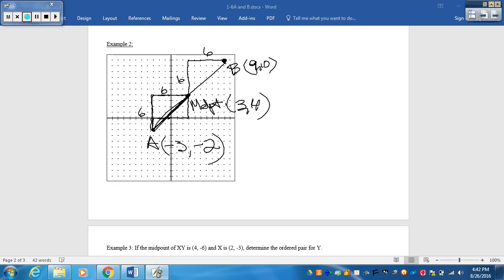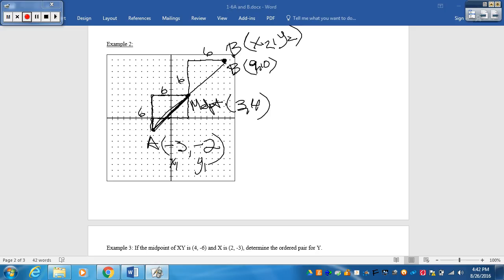Now, how else could I figure this out? I want to give you a formula as well, because the formula is going to be helpful if you can't graph the points. So let's say that this endpoint, B, let's say that it's x sub 2, y sub 2. And let's say that A is at x sub 1, y sub 1. Okay?